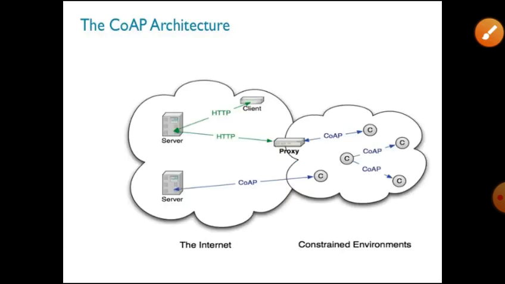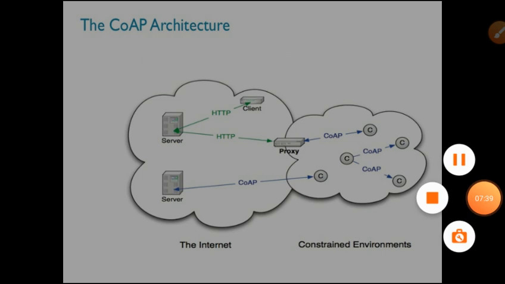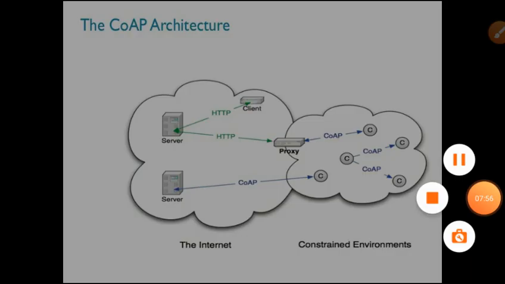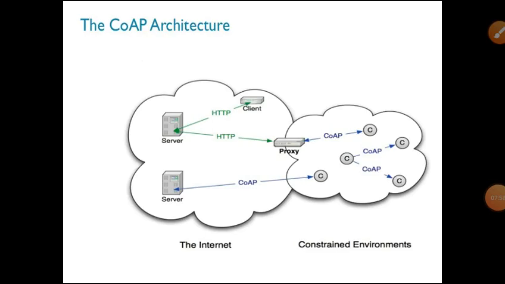Now this is another diagram that shows the different types of communication that can happen with this CoAP application layer protocol. It can be between a client and a client.